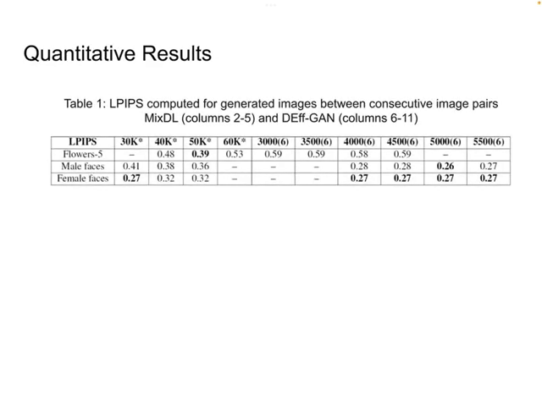We computed the LPIPS metric for all generated images between consecutive image pairs for sets of 5 images and 2 images and compared the same in table 1 for MixDL in columns 2 to 5 and for our method in columns 6 to 11.